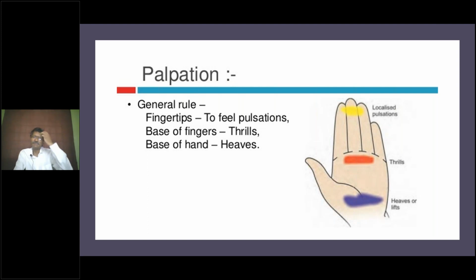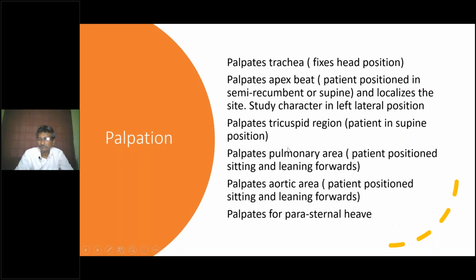You mean base of the fingers. Okay, fine. So that is the place you will be looking for. When you palpate the tricuspid region, the pulmonary area, and the aortic area, the part you have to use is the base of the fingers, the head of the metacarpals. Remember this.